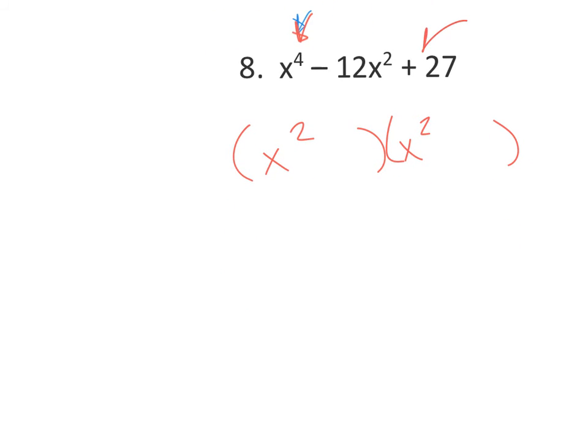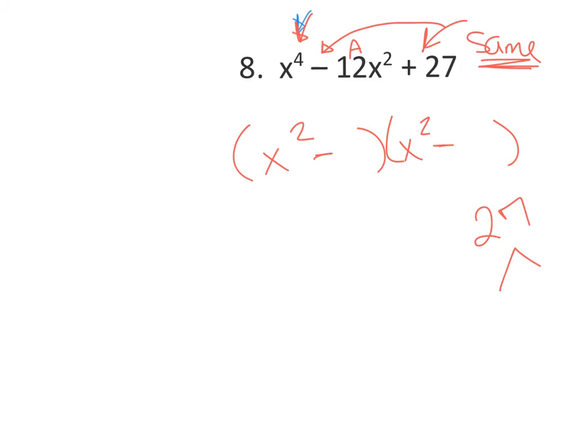Notice that the last sign is positive, so that means the signs will be the same, okay? Now here's the deal. Are they both positive or are they both negative? And what's going to make you know that is the first sign, because you want to add to him. So if you want to add to a negative and you know the signs need to be the same, it would have to be negative and negative to make that happen. Okay, so 27.